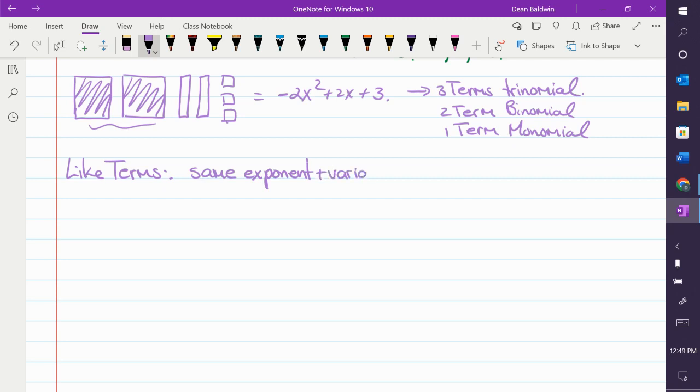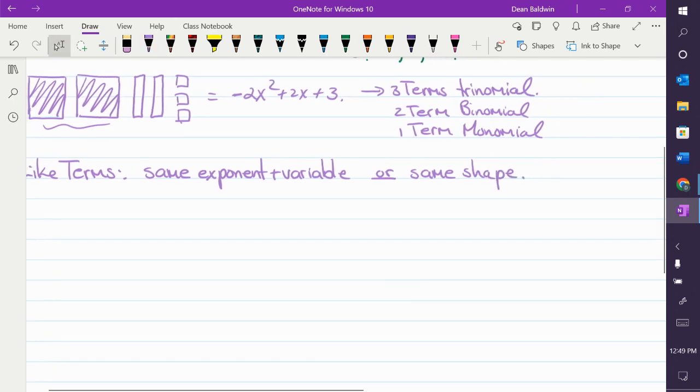If you're doing algebra tiles, it's the same shape. So let's just do the algebra tiles quickly.